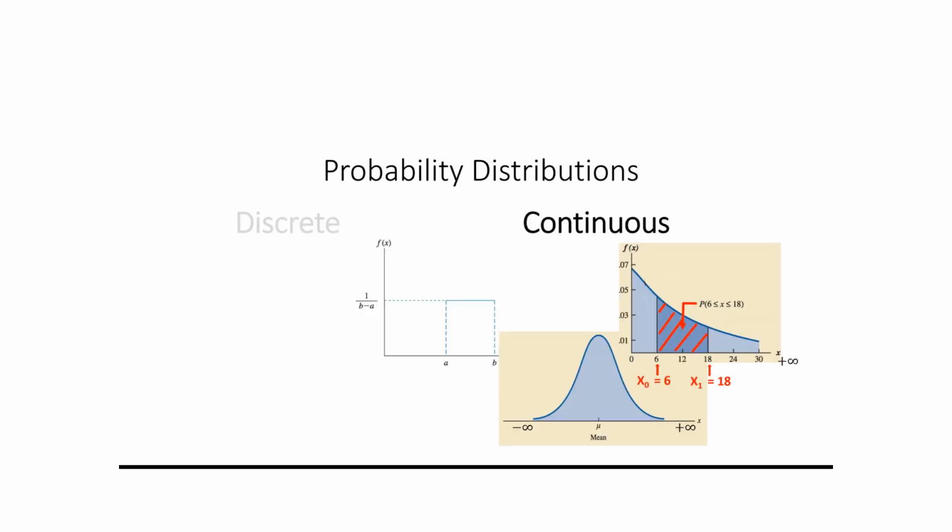For a continuous variable, it is the area under the probability distribution in an interval between two values x0 and x1 that gives us the probability that the random variable assumes values within that interval. And that's mathematically determined by taking the integral of f of x from x0 to x1.